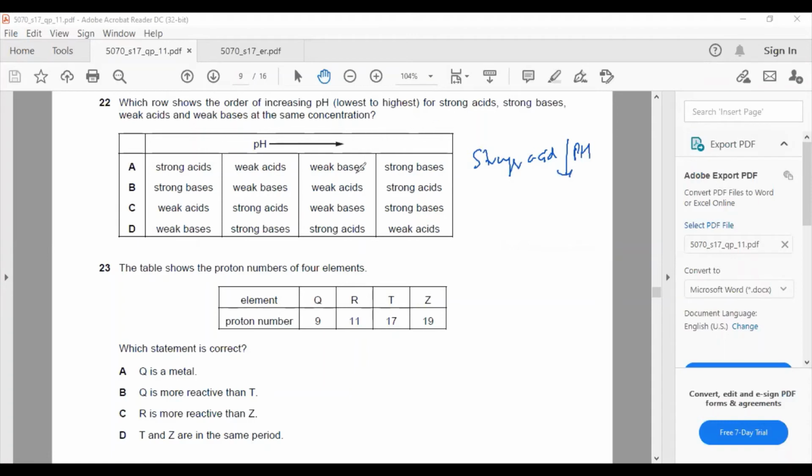So pH increases, and stronger base, greater pH. So, fortunately, A is the correct answer. Yes, low pH, strong acid, then weak acid, then weak base, then strong base. Okay, for instance, like pH 1, weak acid like pH 3, weak base like pH 9, 10, 11, 13, 14.